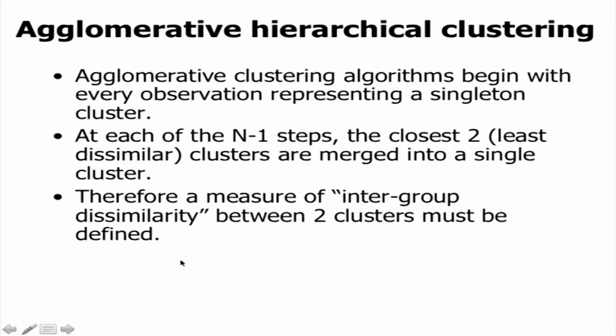This is known as agglomerative hierarchical clustering. So how do they work? Well, they start out considering each observation as a singleton cluster, and then at each step they merge, they combine things.